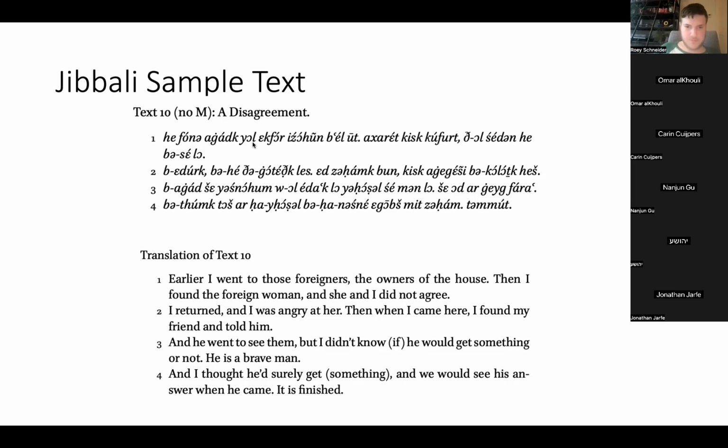Yol, so 'to' again. Akfar, foreigners or infidels or something like that. And this is, of course, a broken plural. Izohun, those.